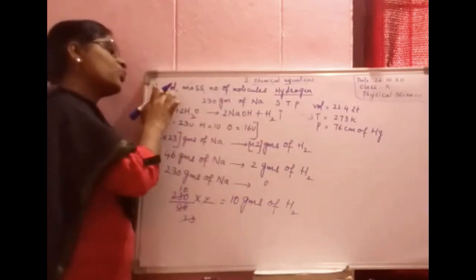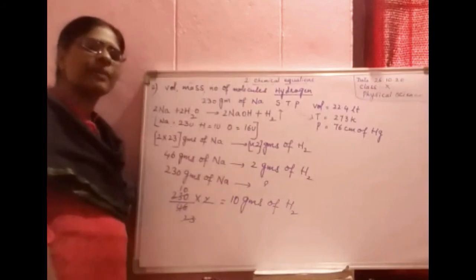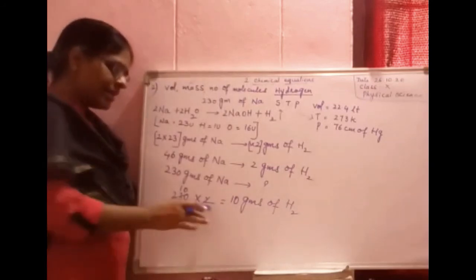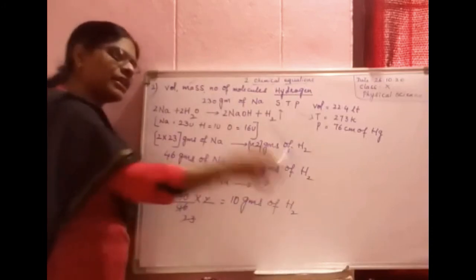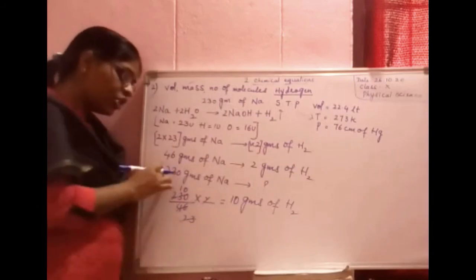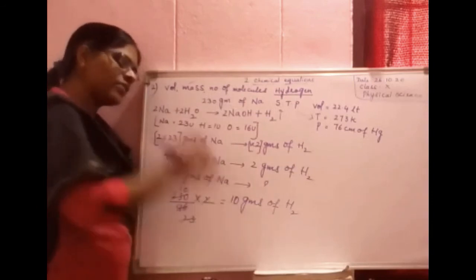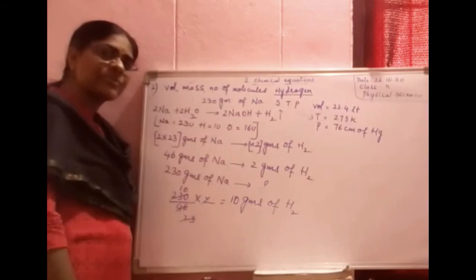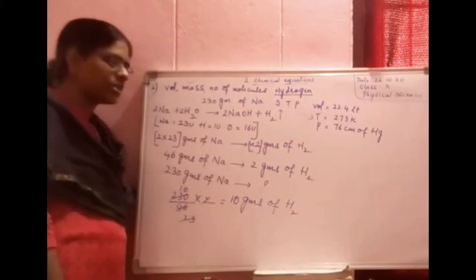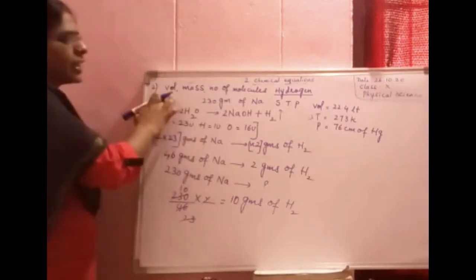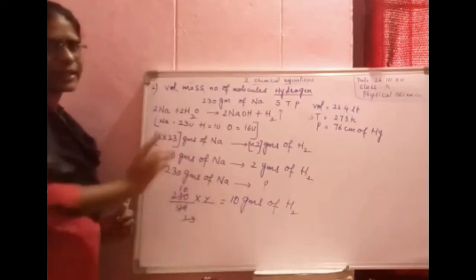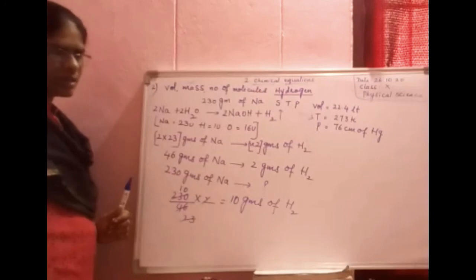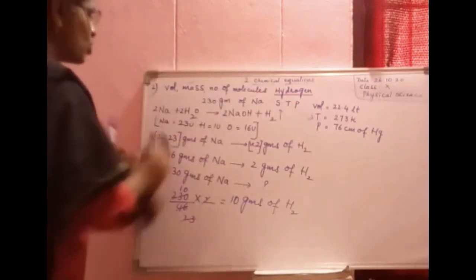He is asking you volume and number of molecules too. When 46 grams is reacting, we get 2 grams of hydrogen. 230 grams is reacting, we get 10 grams of hydrogen. Next, what we need to find? Volume. Only mass we have found. Now how to find the volume?